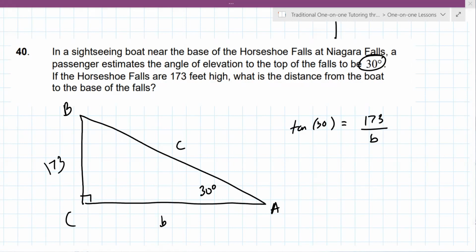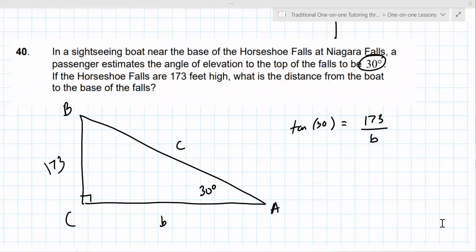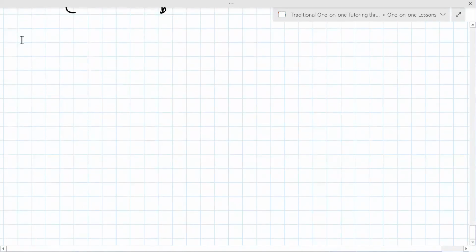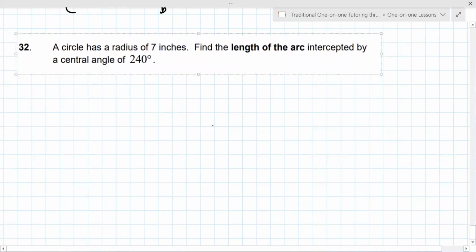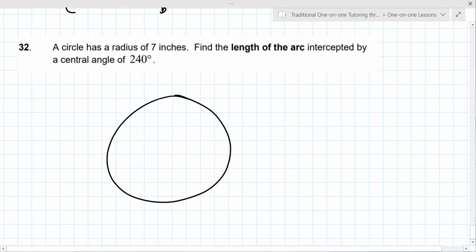Here's one more. I think you might have shown me something like this. A circle has a radius of 7 inches. Find the length of the arc intercepted by a central angle of 240 degrees. So if you were to go all the way across a circle, that's 180, so this is a little more than that.